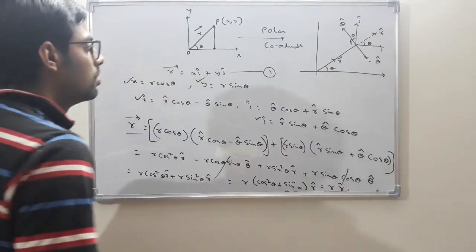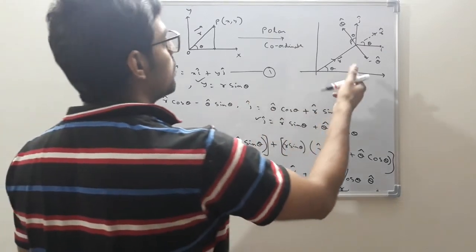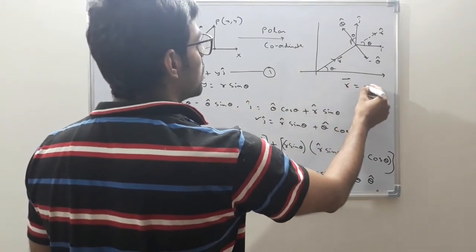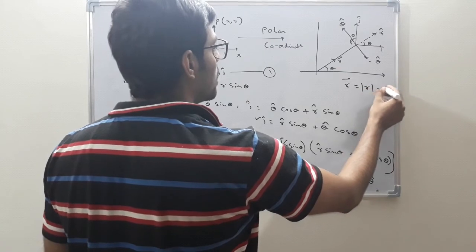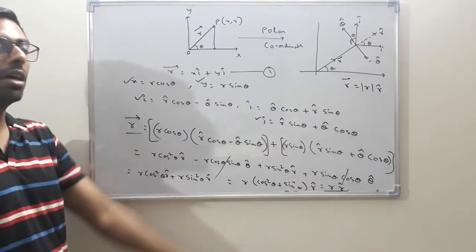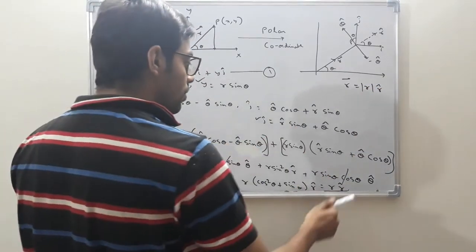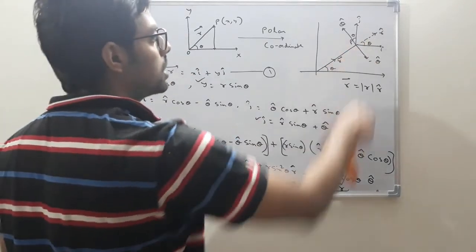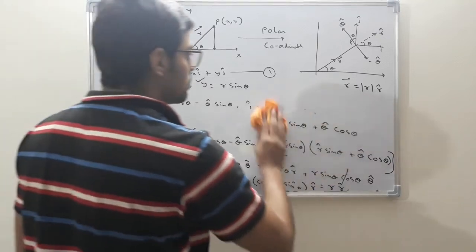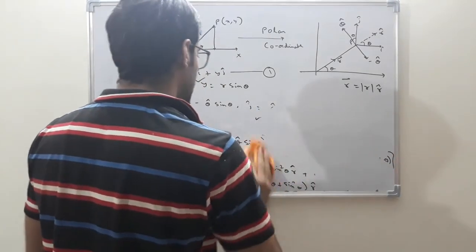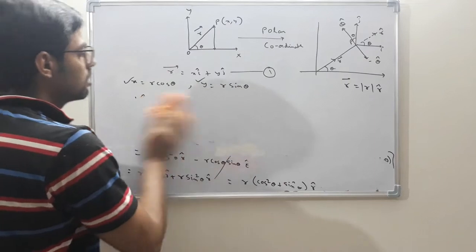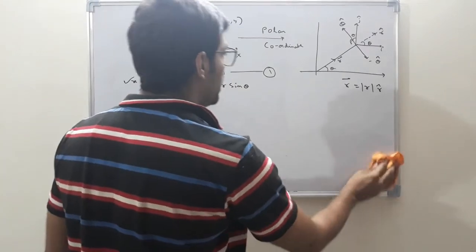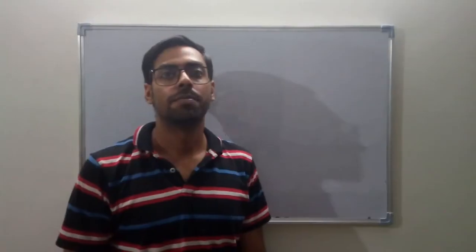At first I told you that r vector equals mod of r into r hat, where r hat is the unit vector in the sense of r vector, and we have eventually derived this relation by means of polar transformation of coordinates. Therefore this is the representation of a vector in Cartesian form and in polar coordinates.